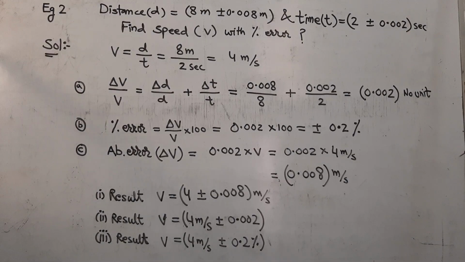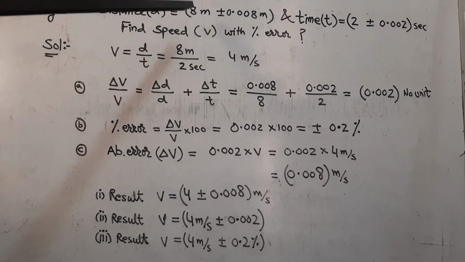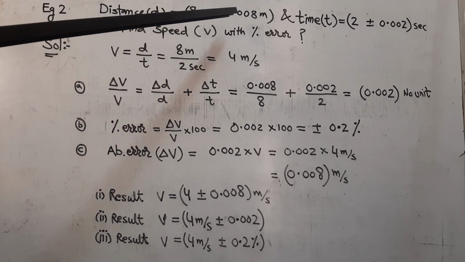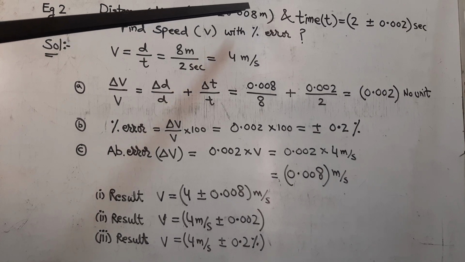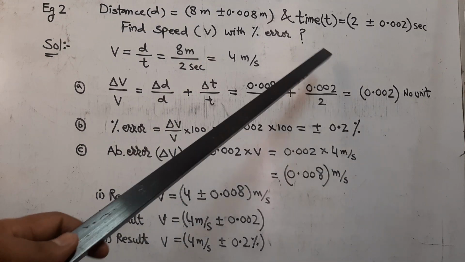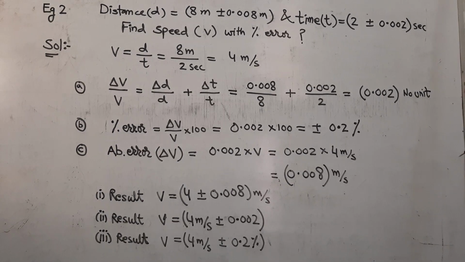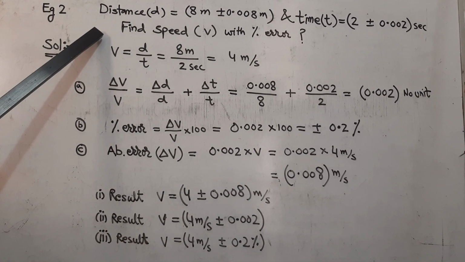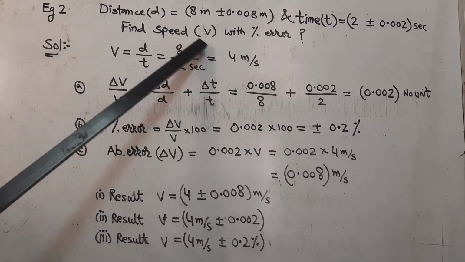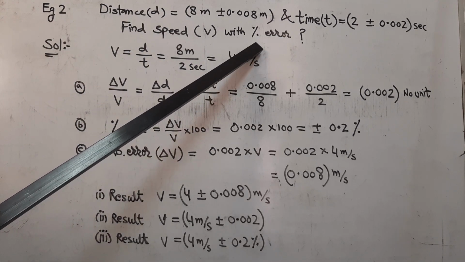Now in case of second example, that is for explaining division, consider distance d equals 8 meter plus minus 0.008 meter and time is 2 plus minus 0.002 second. We have to calculate speed of particle in percentage error form.